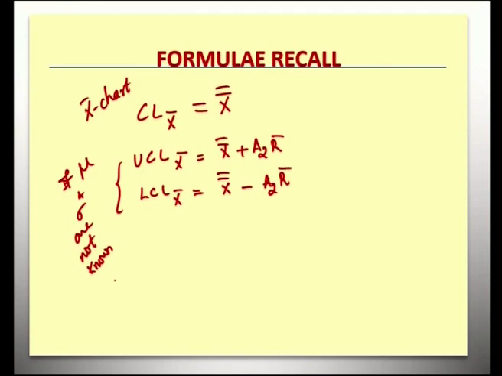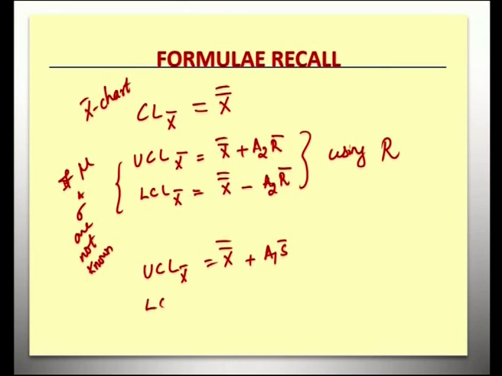These are the upper and lower control limits for x bar using range if mu and sigma are not known. Using S, similarly, UCL of x bar is equal to x bar bar plus a1 into s bar, and LCL of x bar is equal to x bar bar minus a1 into s bar.